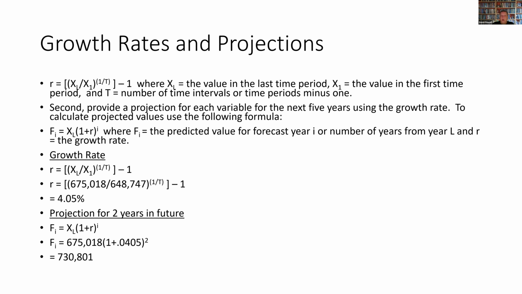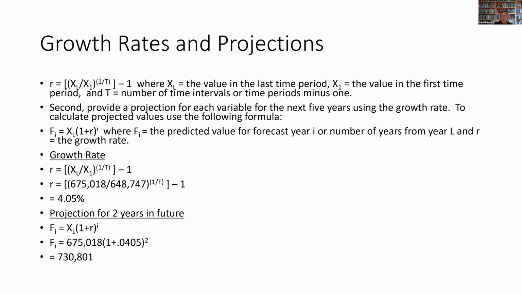So you take XL, your last value, divided by the first value, and then you raise that to the 1 divided by T power, and T stands for the number of time intervals that are transpiring between when you have your data and when you are predicting. And then you subtract the entire thing from 1. So let me just go through the example and make that clearer. I know it's a little muddy.